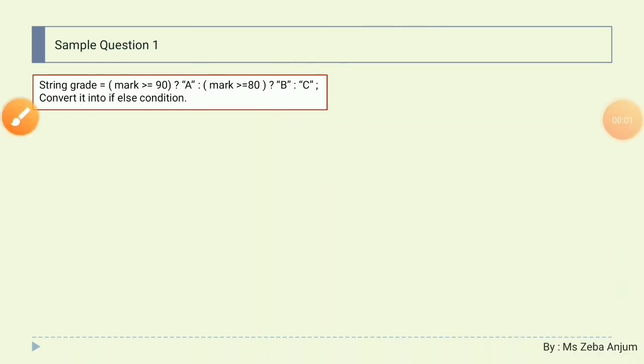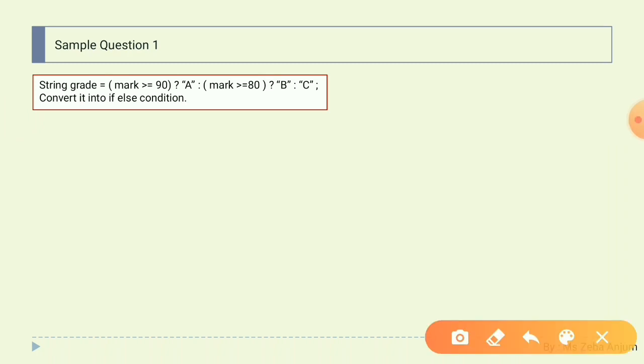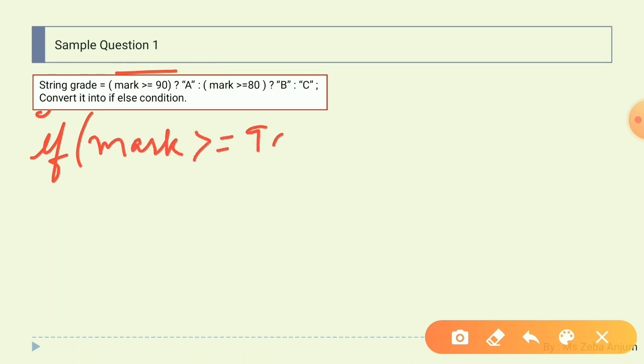Now let us try to do this question in the second way. Over here, again we are having marks greater than equal to 90 as our main condition. So we are going to write it over here. If your marks is greater than equals to 90, then over here the true condition must be there.